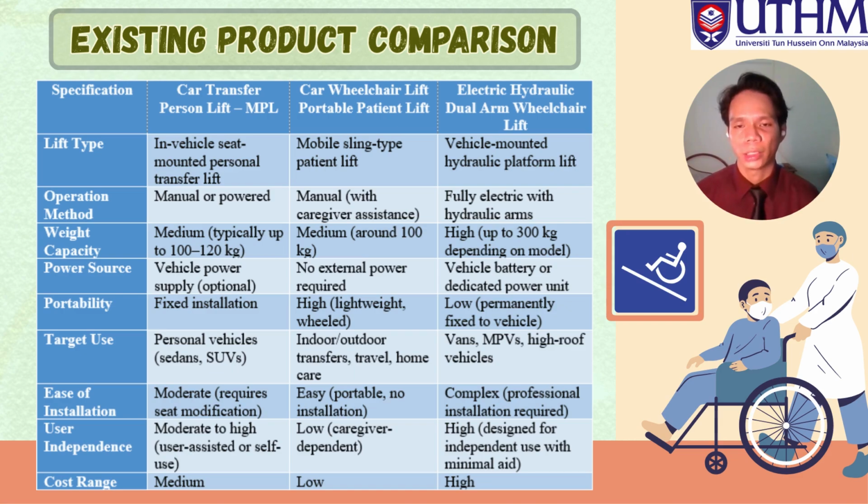It requires caregiver assistance. The last design is high because the design can move by itself. You can control it by remote. Once the platform is out, the patient can just push themselves onto the platform, and then bring that platform back into the vehicle by remote.